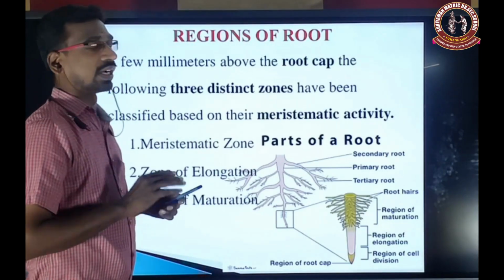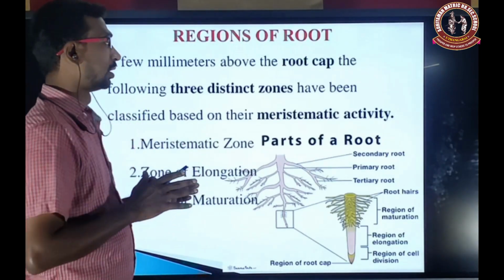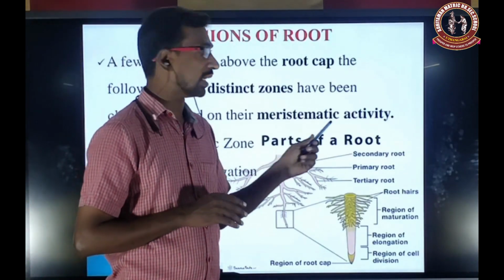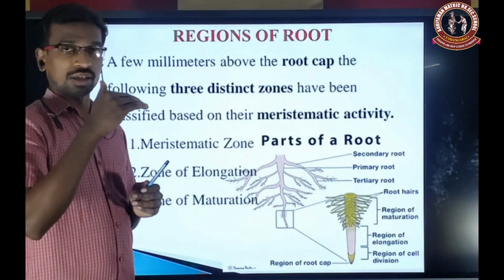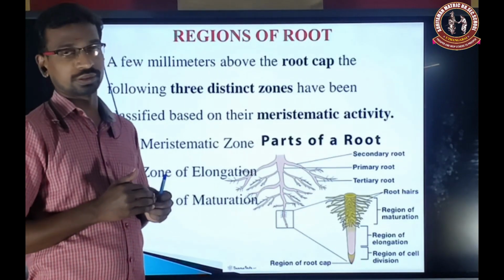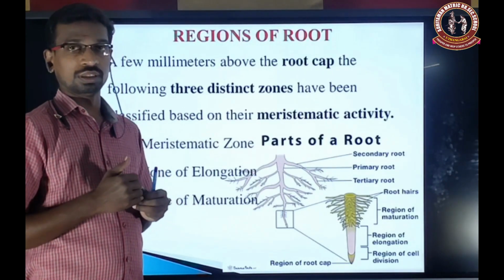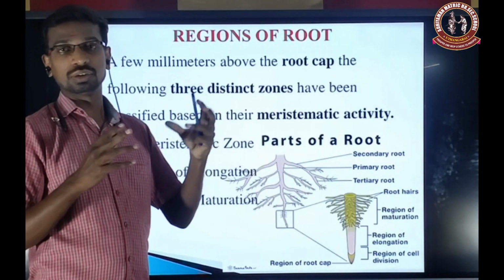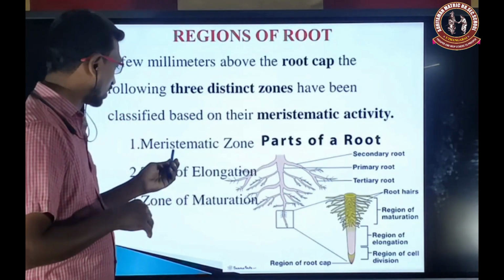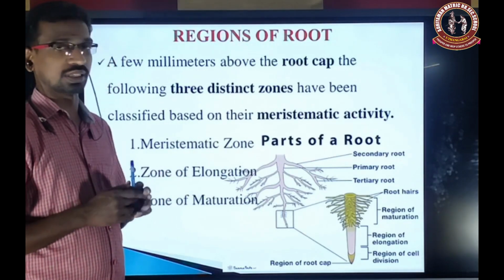A few millimeters above the root cap, the following three distinct zones have been classified based on the meristematic activity. Above the root cap region, the root is broadly classified into three distinct zones: the meristematic zone, zone of elongation, and zone of maturation.